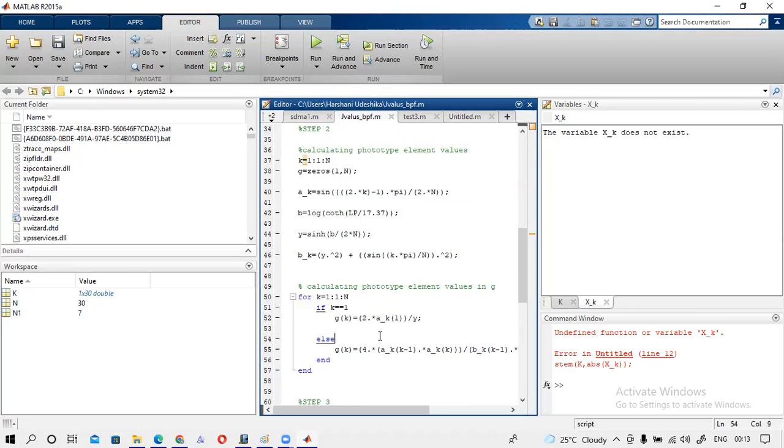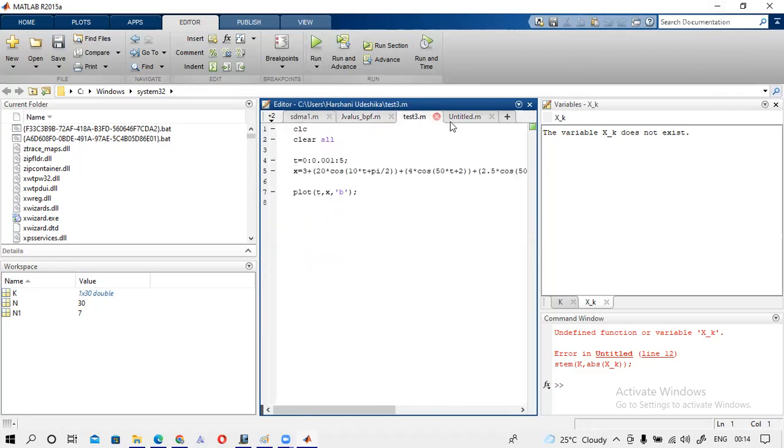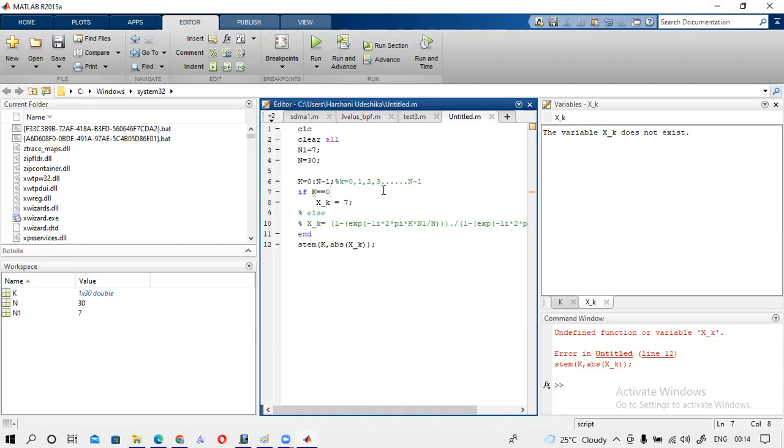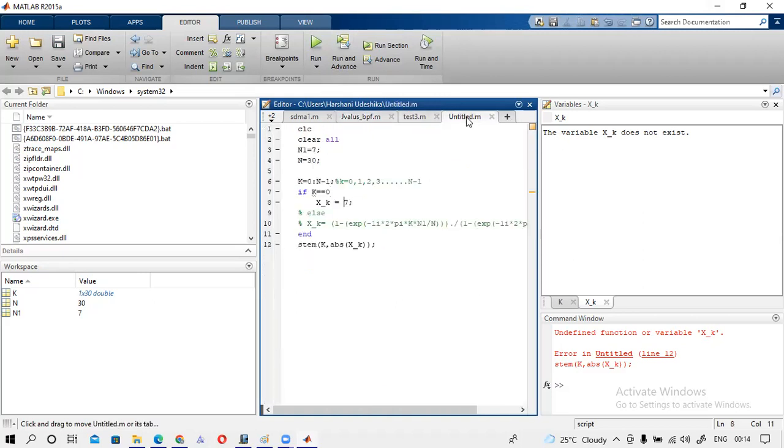You can see, you can assign value directly in this way. Okay, but no.